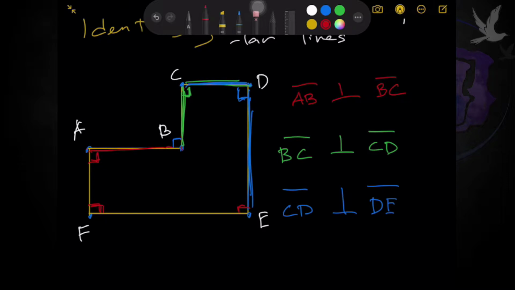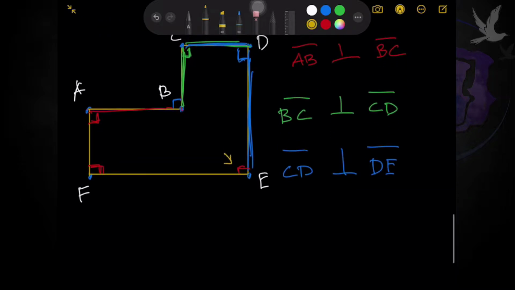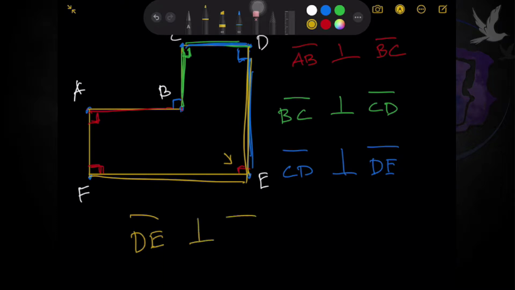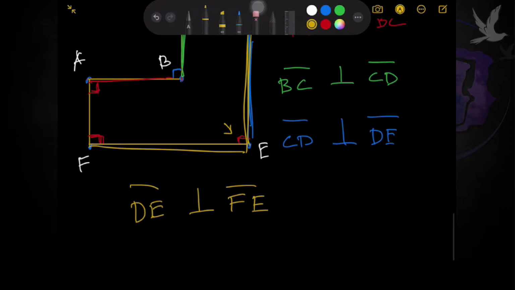Okay? So, for example, this one. For this one, what lines were used? Line DE and line FE. So, that's line DE is perpendicular to line FE. Okay. You might tell me, Teacher Mark, can we name this line FE as line EF?